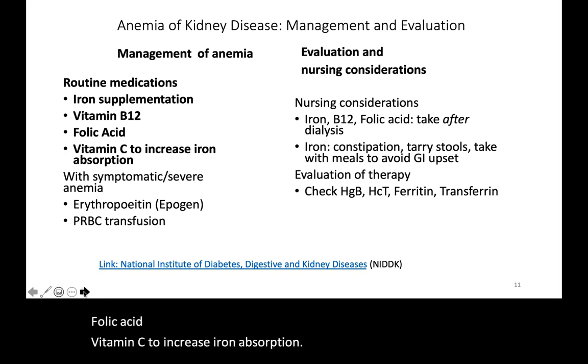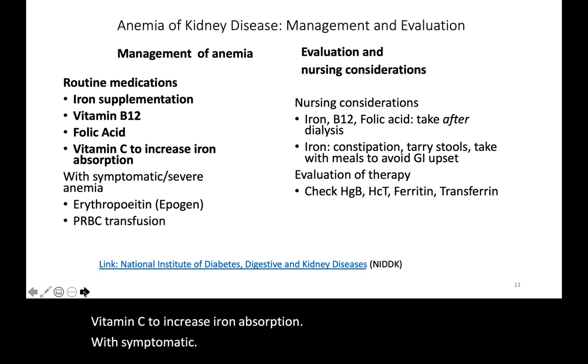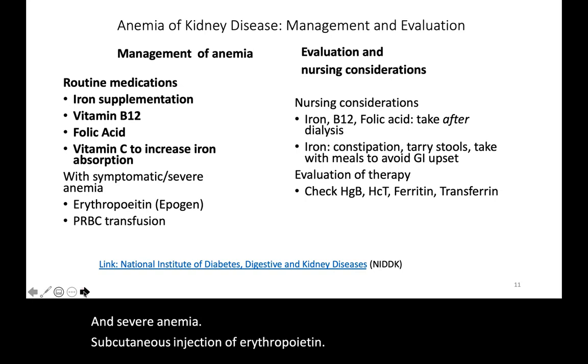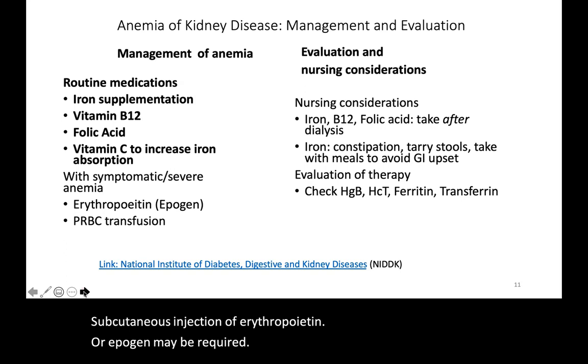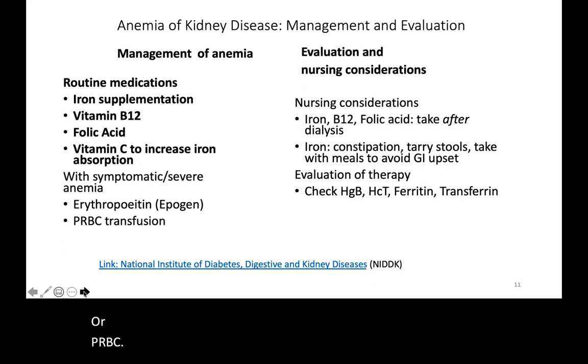With symptomatic and severe anemia, a subcutaneous injection of erythropoietin or epogen may be required, and or PRBC, packed red blood cell transfusion.